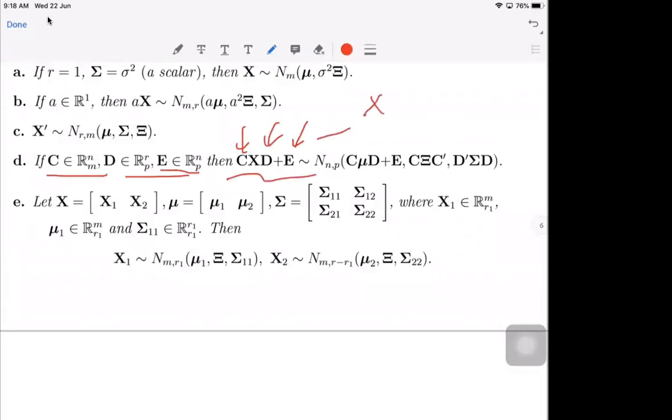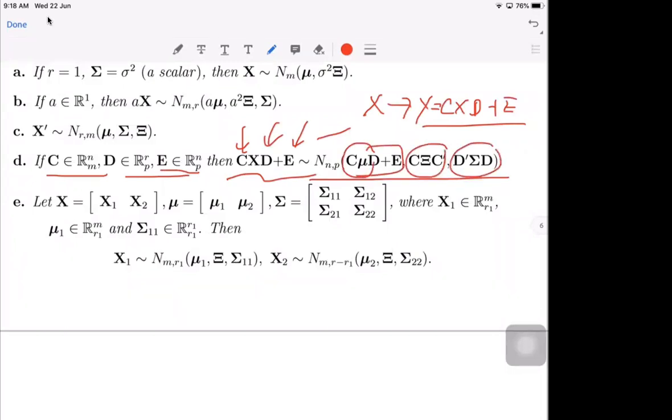So X here to Y, say your Y is CXD plus E. Then CXD plus E will still be normally distributed, but the parameters change to this form. So the mean will be C mu D plus E. The covariance for the rows will be C psi C prime, and the covariance for the columns will be D prime sigma D.